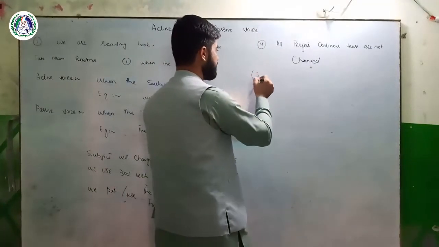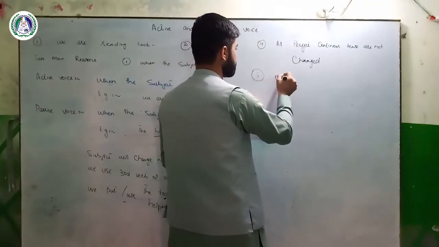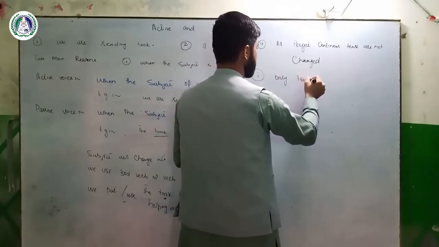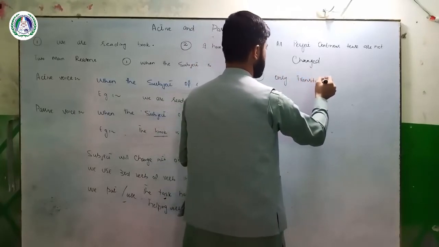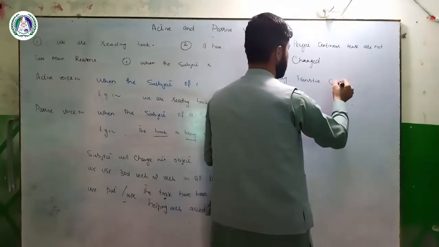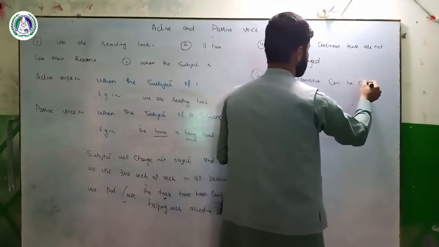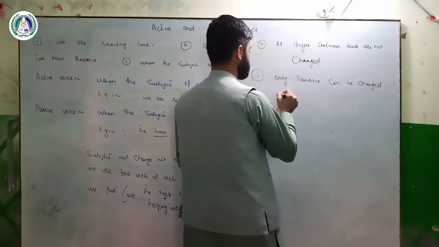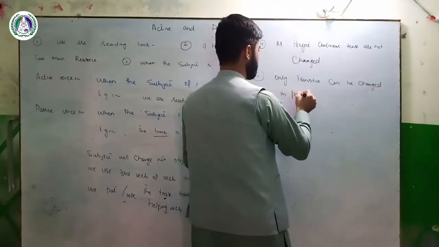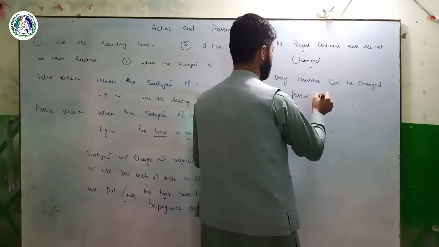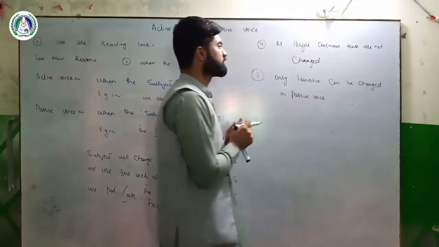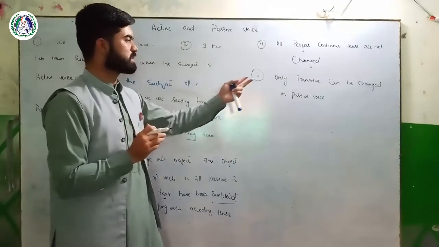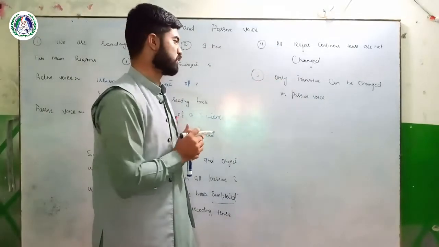And the fifth one tells us that only transitive verbs can be changed in passive voice. Only transitive verbs can be changed in passive voice because they always require an object, okay?